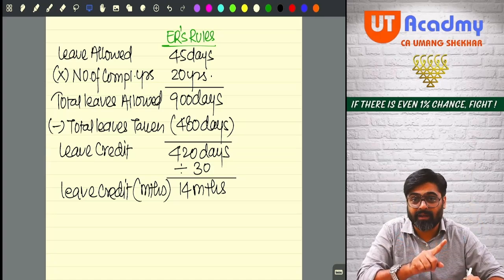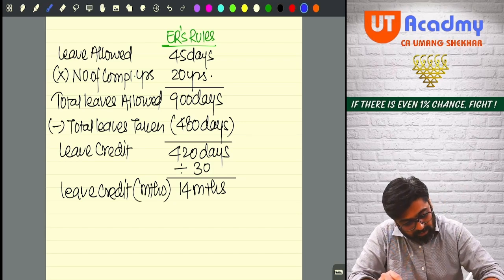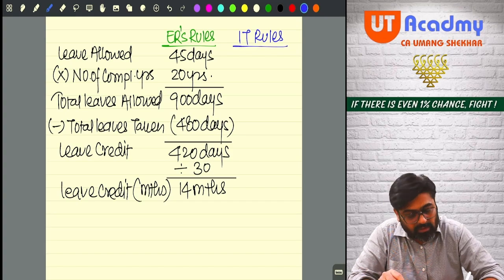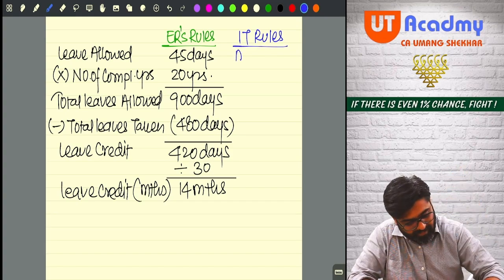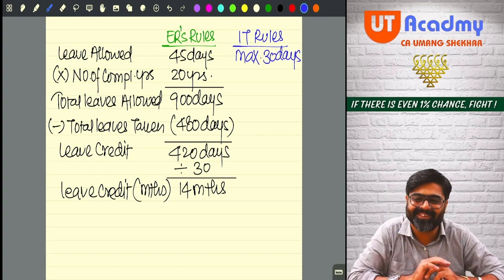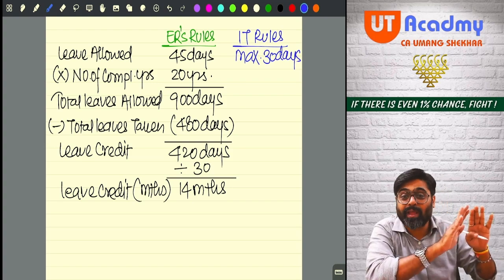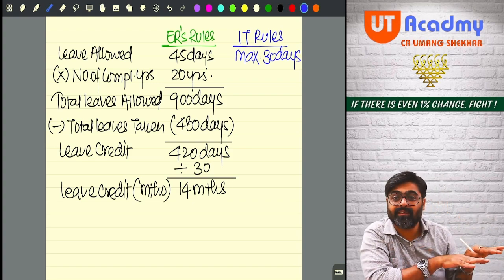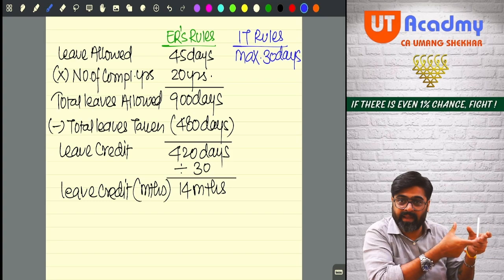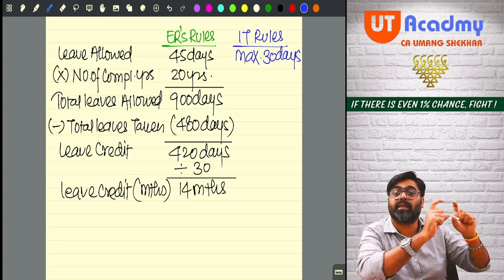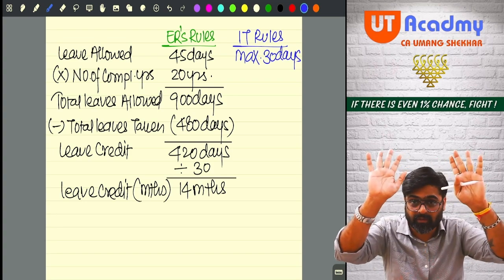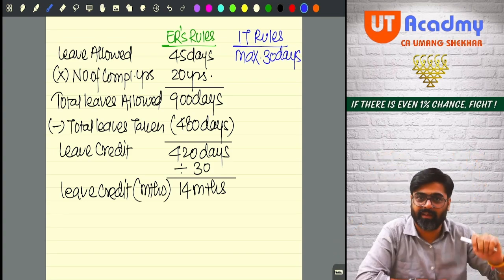So government said in income tax rules, as per income tax rules, a maximum leave which the employer can allow can be 30 days. So in order to calculate the exemption, leave credit has to be taken. The leave credit calculated at the rate of 30 days or less is okay.